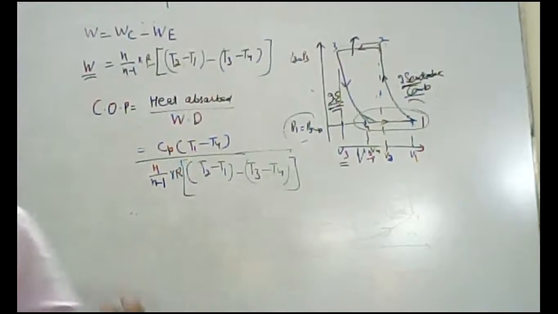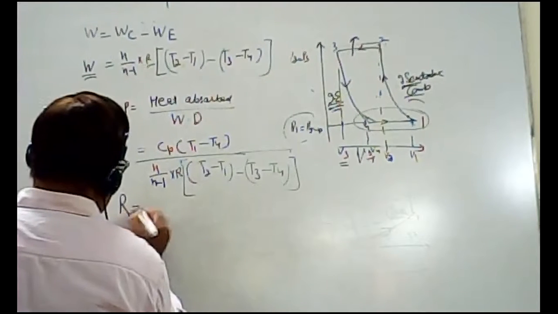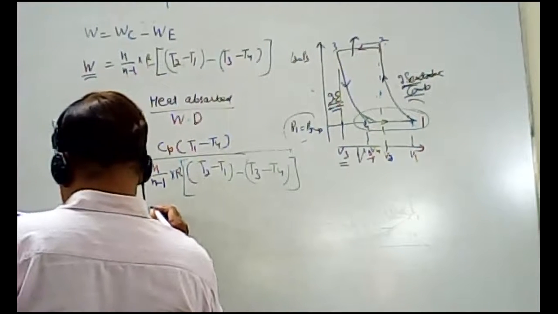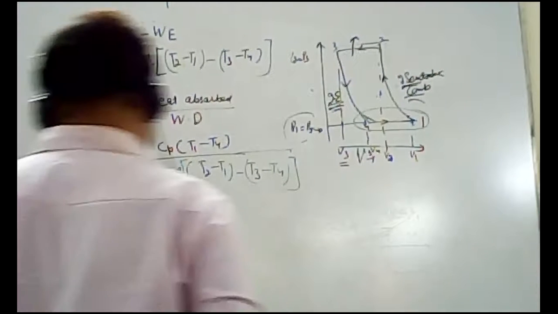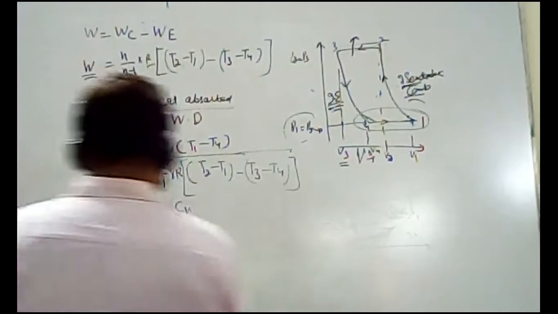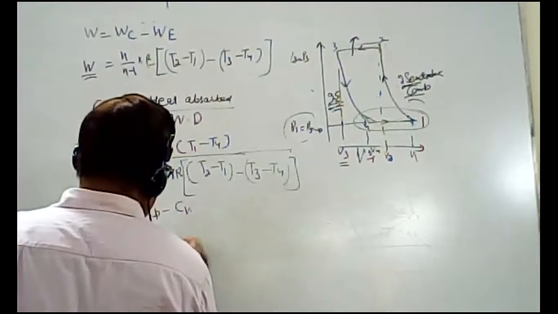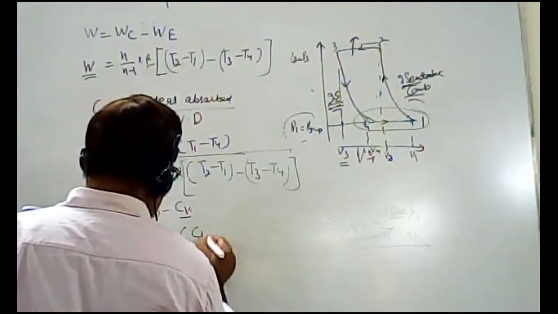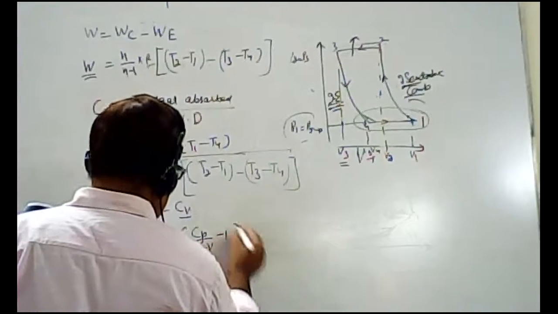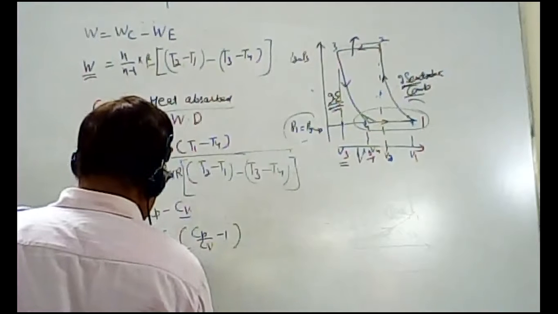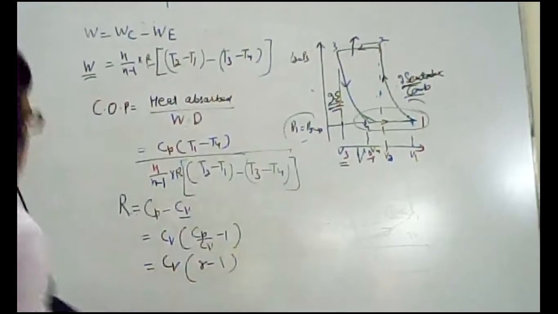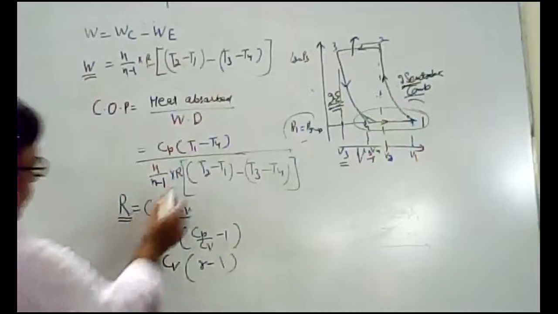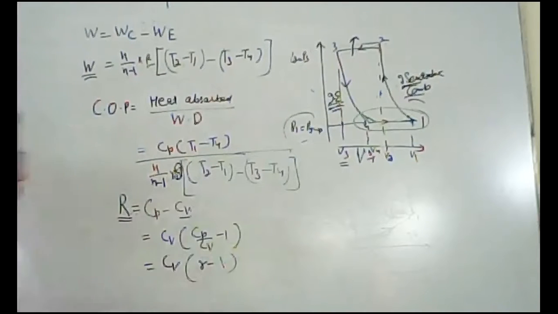Okay, next, we also know the gas constant will be equal to Cp minus Cv. What will happen if I take out the common value Cv? This value will be Cp by Cv minus 1, so I can also write this as Cv into gamma minus 1. Okay, so I will put this value of R in this equation.